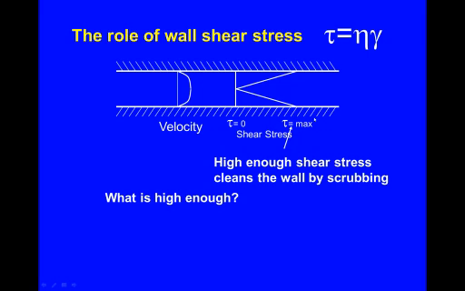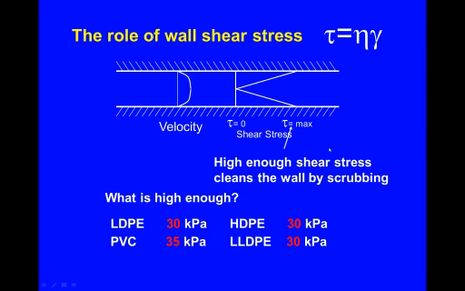Well, through many years of experience and studying different pieces of equipment and conditions, we've figured out that a critical value for shear stress is in the neighborhood of about 30 kilopascals for polyolefins and maybe 35 kilopascals for PVC. Now, just for your US numbers here, 30 kilopascals is equal to about 4.3 psi of shear stress.